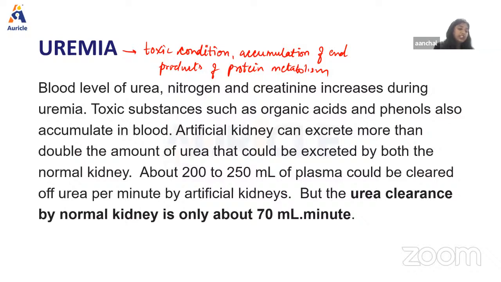An artificial kidney can excrete more than double the amount of urea that could be excreted by the normal kidneys. About 200 to 250 ml of plasma could be cleared of urea per minute by the artificial kidney, but the urea clearance by the kidney is only about 70 ml per minute.